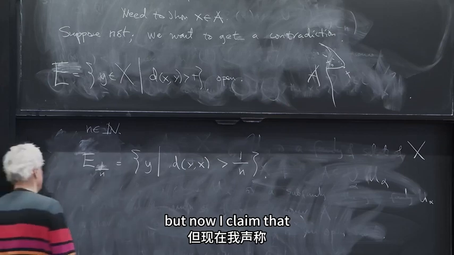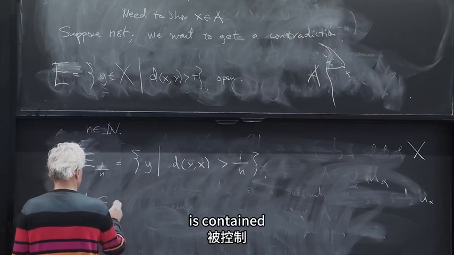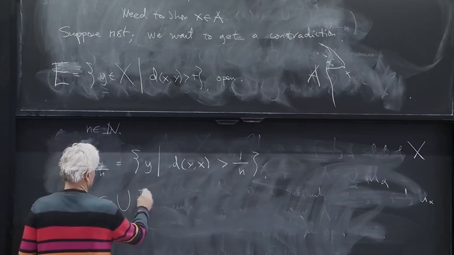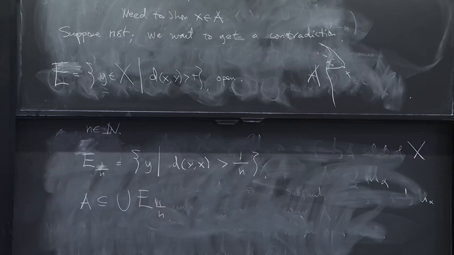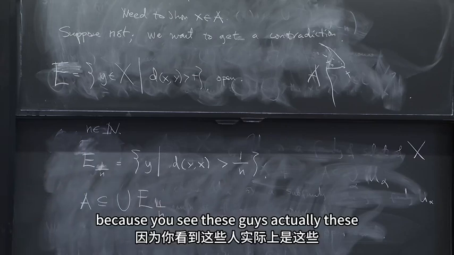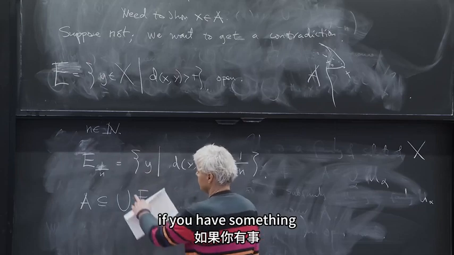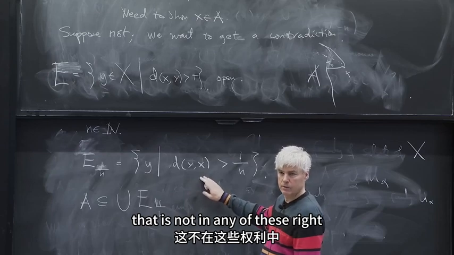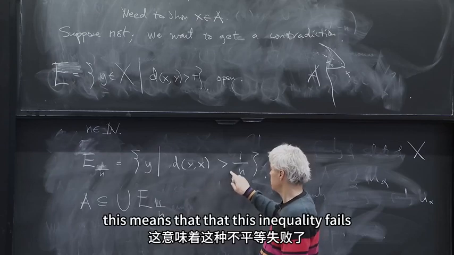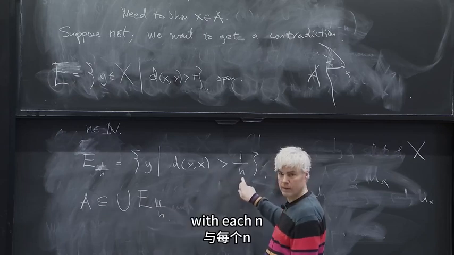But now I claim that A here is contained in the union of these sets, right? Because if you have something that is not in any of these, this means that this inequality fails for each n.